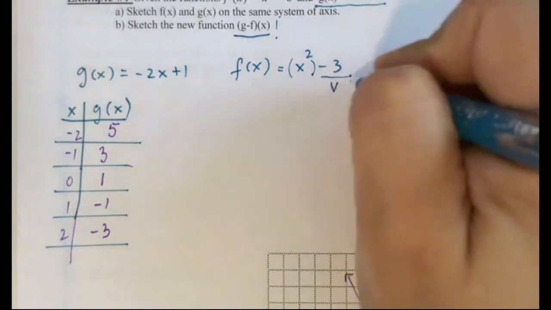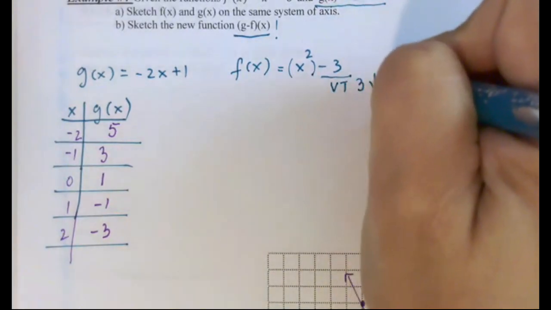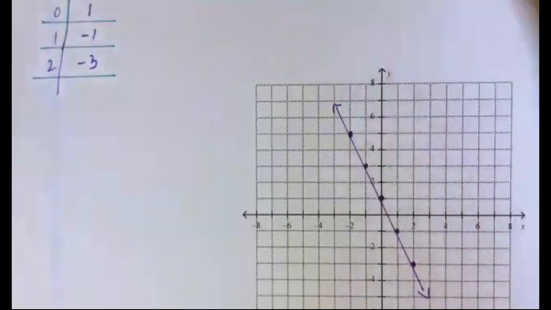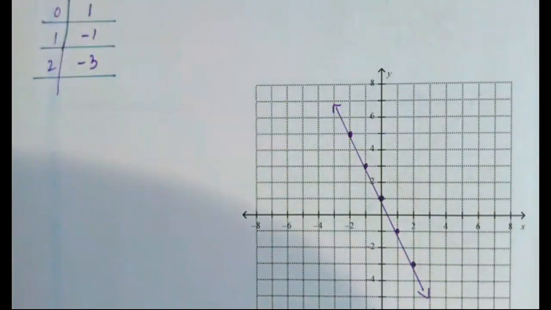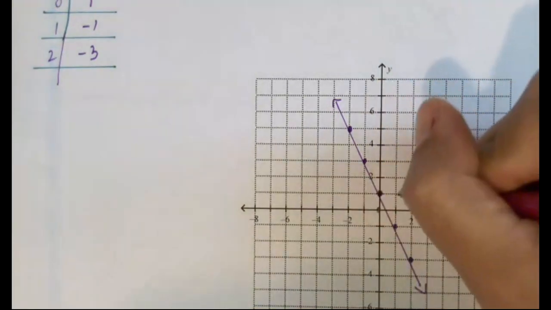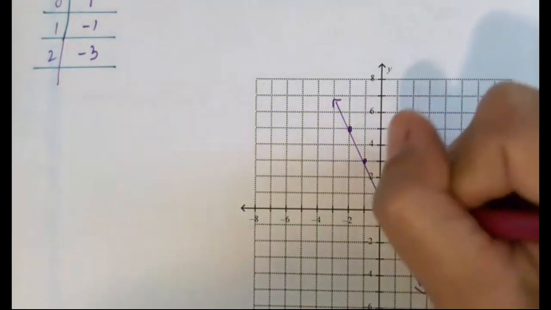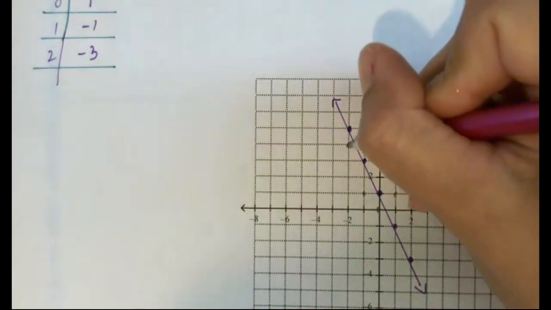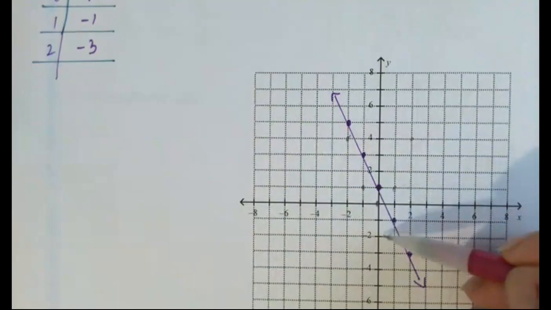This is a vertical translation, 3 units down. So where will those points be? If you want, grab a pencil and then erase it right after. So the parabola, that's x squared, was here: (0, 0), (1, 1), (2, 4), (-1, 1), (-2, 4). Okay, and then just move them 3 down.